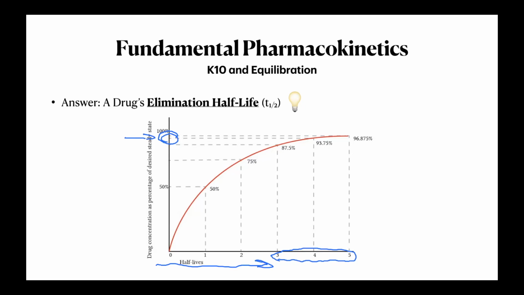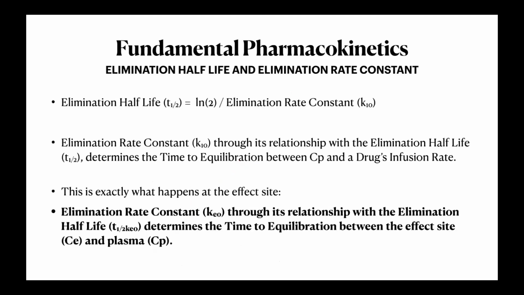So if the answer is the elimination half-life, what does the elimination rate constant have to do with it? Remember the formula we talked about before, where half-life equals the natural log of 2 divided by your elimination rate constant.